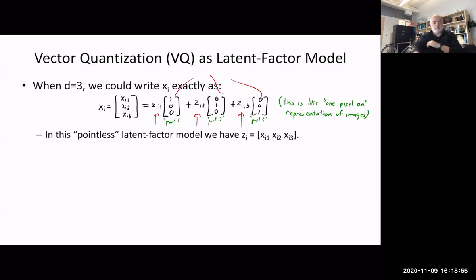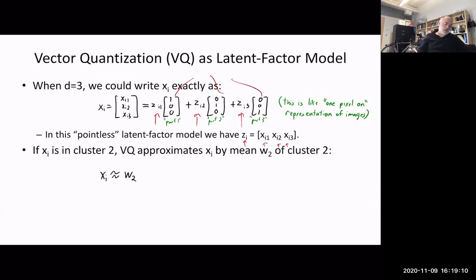This is like the one pixel representation of images. It's a pointless latent factor model because the latent factors, the weightings, are just the values themselves. But if xi is in cluster 2, for instance, vector quantization approximates xi by the mean of cluster 2, w2.